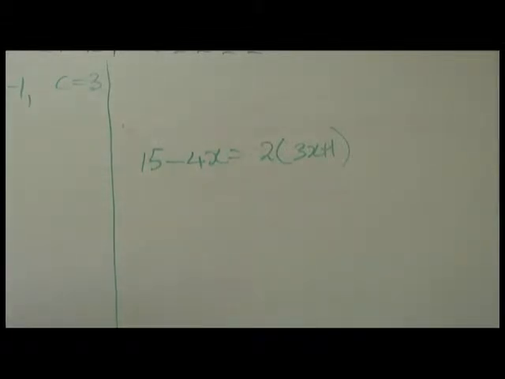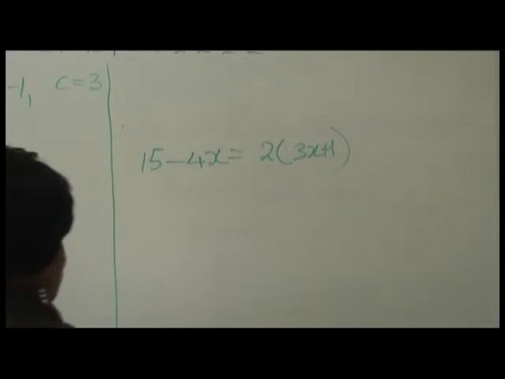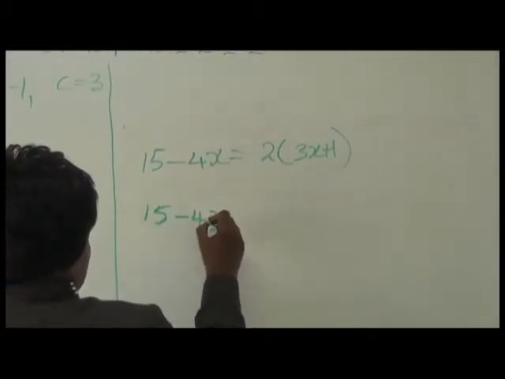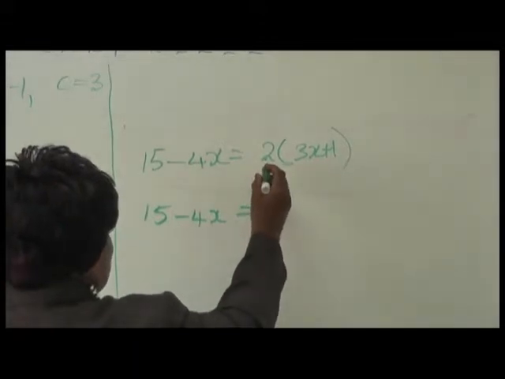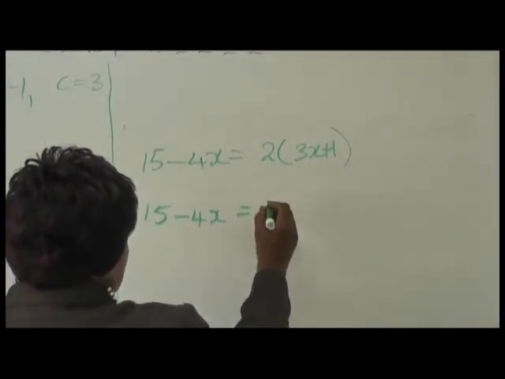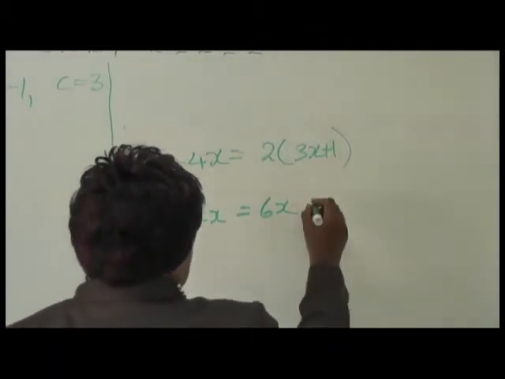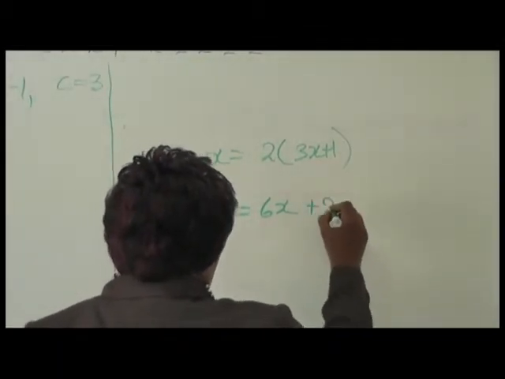So again, we know we're going to work out brackets first. Isn't that true? So all those rules come in. We're writing back 15 minus 4x is equal to 2 times 3x, and it's positive, so we don't have to worry about the sign. So it's 6x, plus 2 times 1, 2.